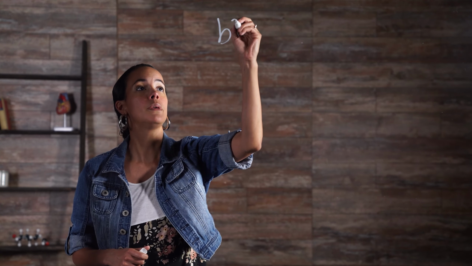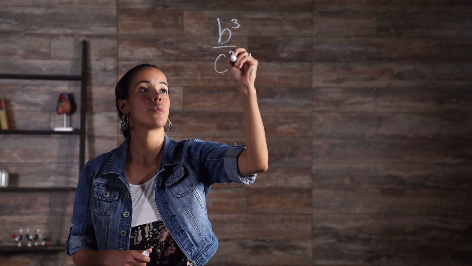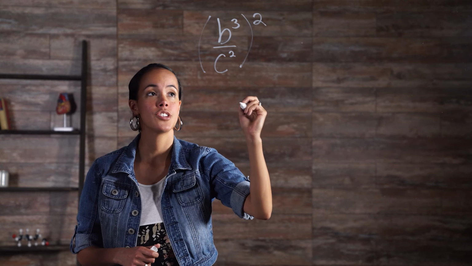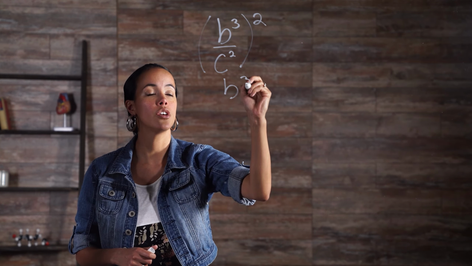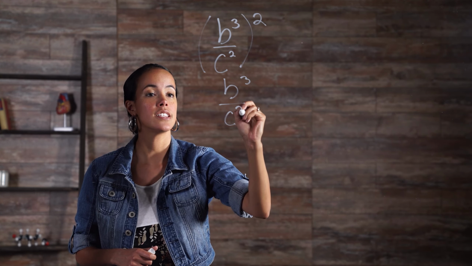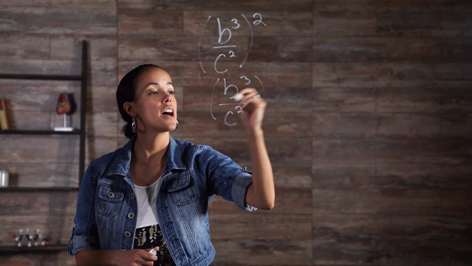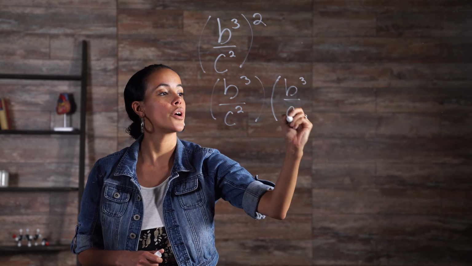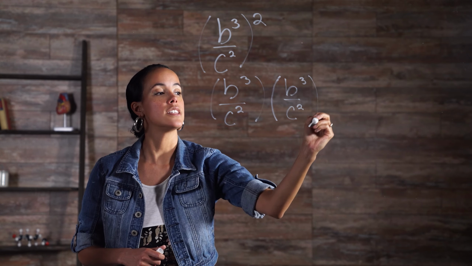The power of quotient property is similar in that the exponent of a rational base is multiplied by the exponents in both the numerator and denominator. Let's look at some examples. b cubed over c squared, all of that squared, expands to b cubed over c squared times b cubed over c squared.